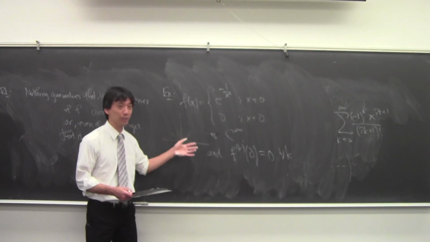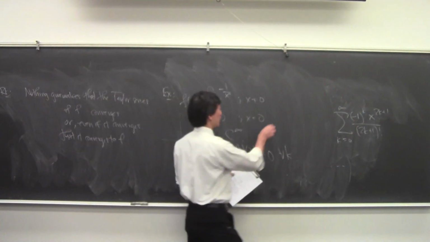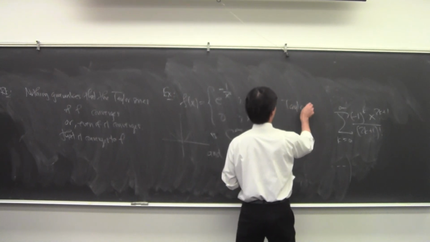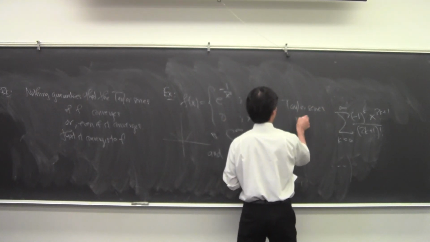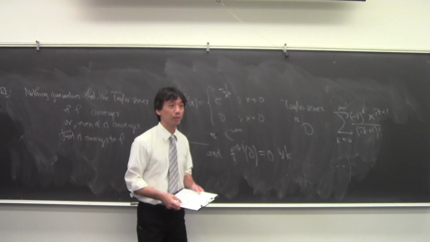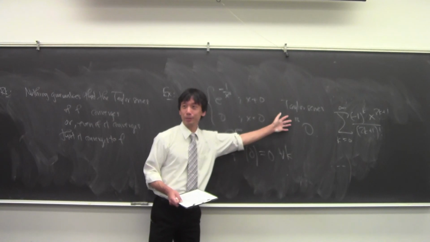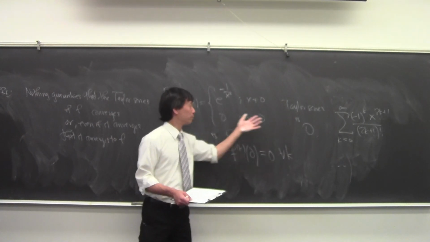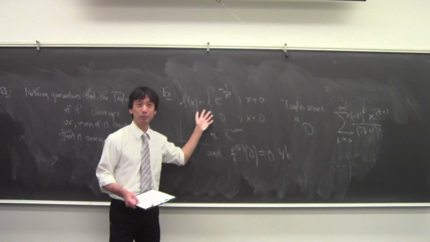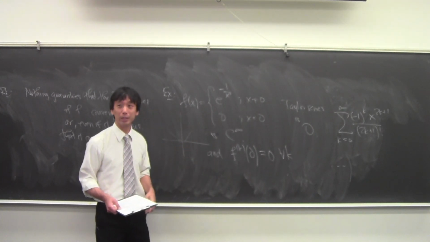You've got a summation of 0, all the coefficients are 0, so the Taylor series is just 0. That's a good Taylor series, converges everywhere, but doesn't give you back your function, except at 0 itself, I guess.